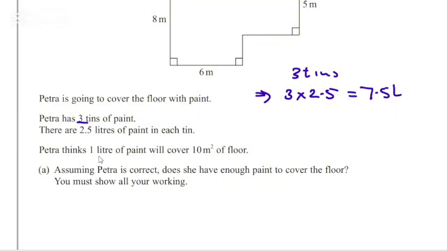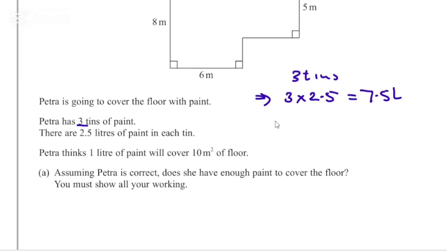We are told that Petra thinks that 1 liter of paint will cover 10 square meters. So we're going to say 1 liter of paint is going to cover 10 square meters, all right? Then how many liters do we have? We have 7.5 liters as a total amount of paint.